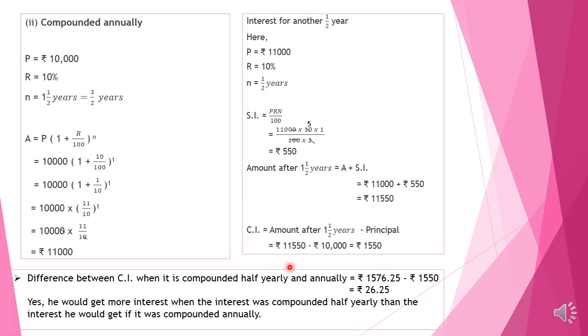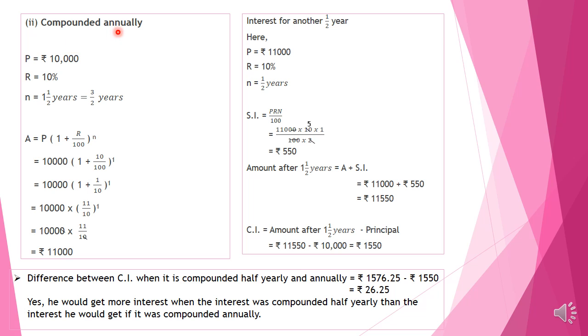So it is rupees 11,550 minus rupees 10,000. So we get rupees 1,550.